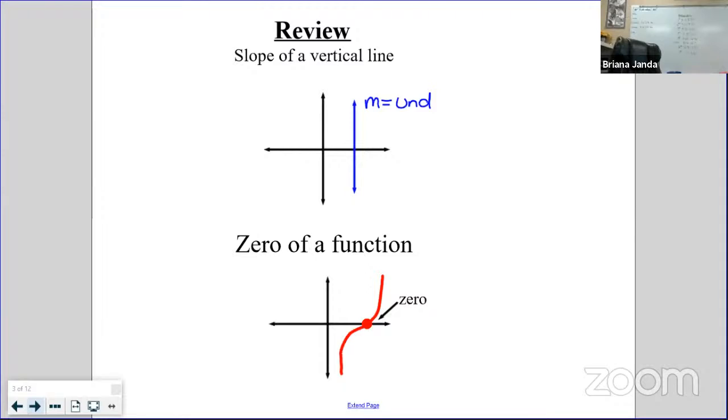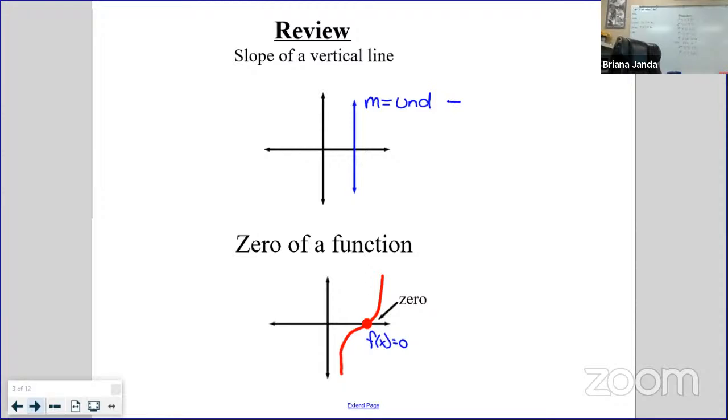We call it a 0 or an x-intercept. So this is where my function equals 0, a dot on my x-axis, and kind of the combination of those 2 things is what will lead us into our graphing of our reciprocal functions.